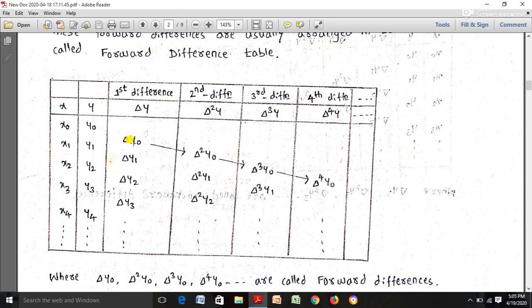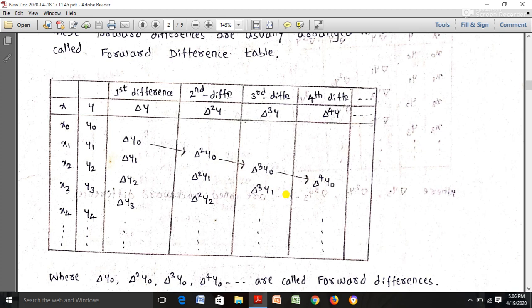We know that delta y0 is y1 minus y0, delta y1 is y2 minus y1, delta y2 is y3 minus y2 and so on. Delta square y0 is delta y1 minus delta y0, delta square y1 is delta y2 minus delta y1 and so on. And delta cube y0 is delta square y1 minus delta square y0, delta cube y1 is delta square y2 minus delta square y1, and delta raised to 4 y0 is delta cube y1 minus delta cube y0.